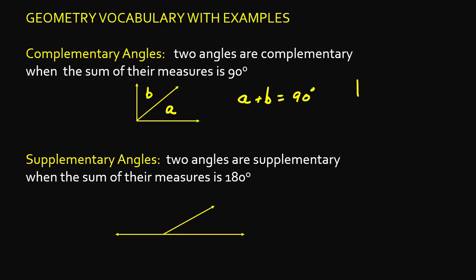Oftentimes, a 90-degree angle in a drawing will be represented, in these presentations, with a little red box inside the angle. That will mean that that's a right angle, and that's equal to 90 degrees. That saves me a little bit of time from writing 90 every time.